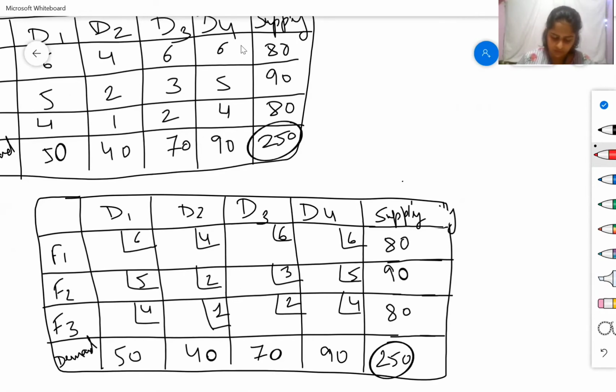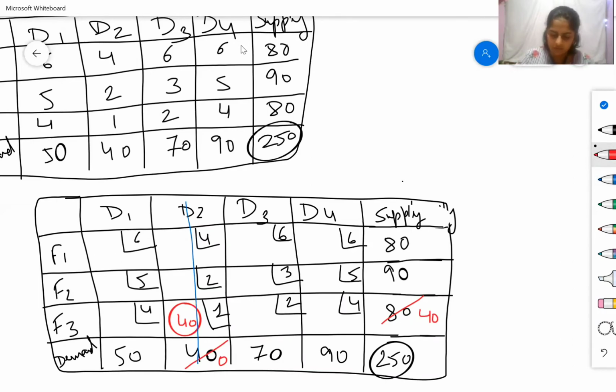So how much can we allocate here? Only 40, because demand is 40 and supply we have 80, but maximum allocation only 40 can be done. So we will allocate 40 here and we cancel this. This becomes 0 and this becomes 40, and we cancel this column out.